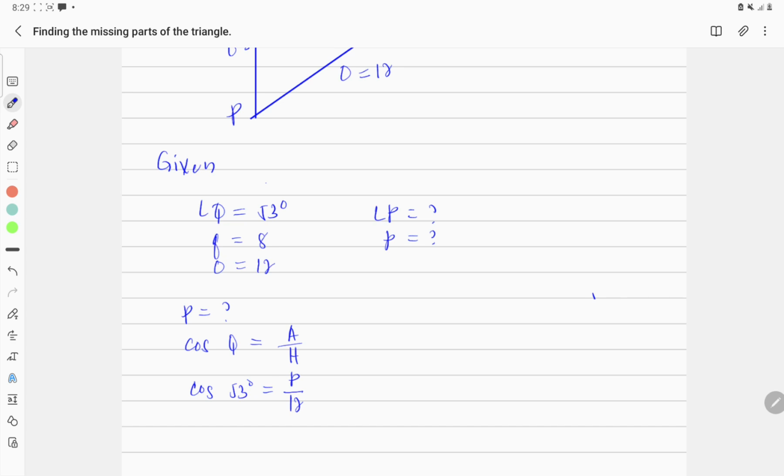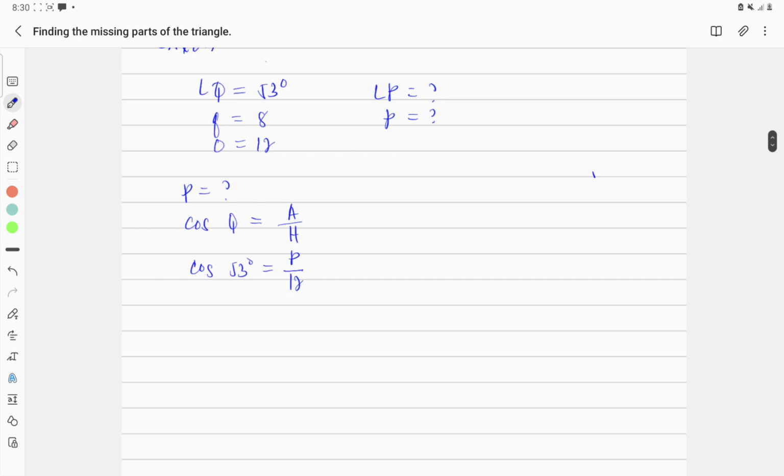So using your calculator, you can determine now the value of P. From here you do the cross multiplication. So you have P is equal to 12 times cosine 53 degrees.